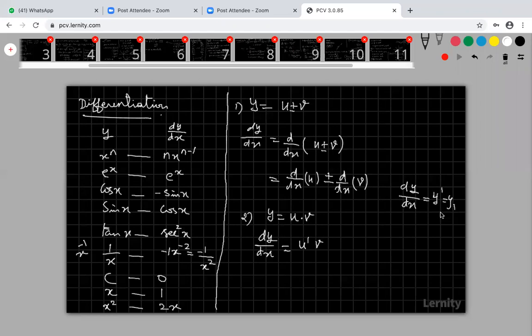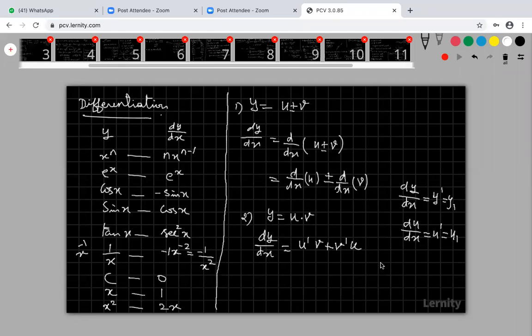Suppose du by dx: my du by dx or u dash or u1 all give the same meaning. Here u dash means derivative, differentiation. First differentiate this: u dash v plus v dash u. Please try to follow this formula, u dash v plus v dash u.